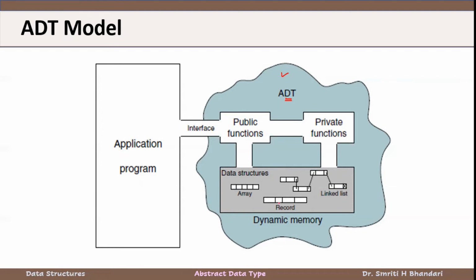We are having data structures and we are having the functions that are operating upon the data structures. There are public functions and private functions. Both these functions are entirely contained in the model and are not within the application program's scope.